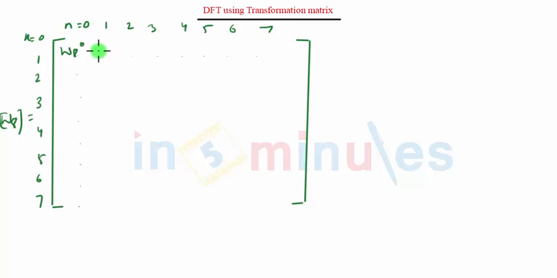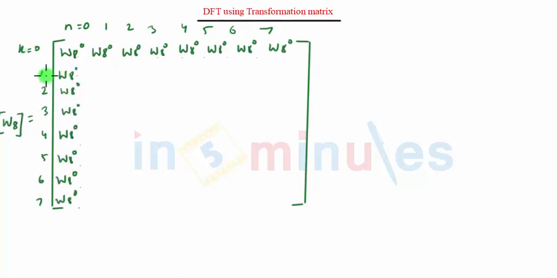Similarly, the first row turns out to be the same, and the same happens for the first column. Now looking at the values of k and n, in this position we get W8 raised to 1. Here the value of k is 2 and the value of n is 1. So k into n turns out to be W8 raised to 2. Similarly in this position W8 raised to 3, and it goes on the same way.